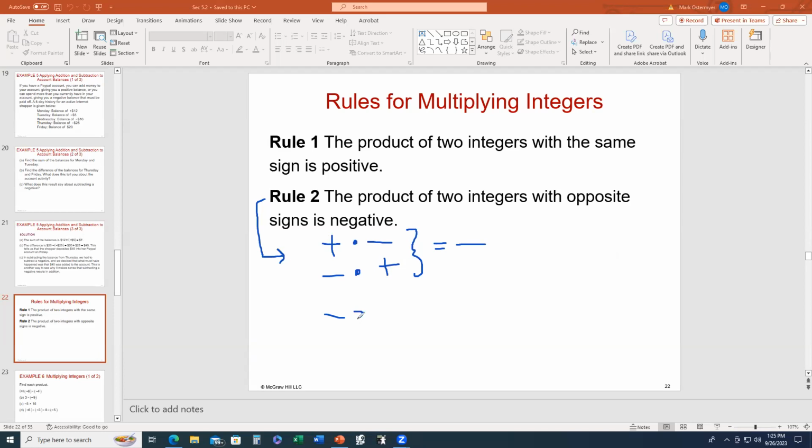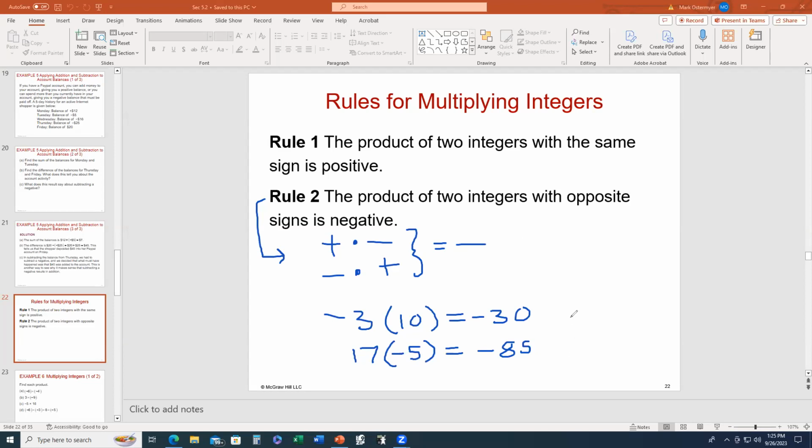A -3 multiplied by a positive 10 is going to net me what? -30. If I take a positive 17 and multiply that by a -5, that's going to give me negative 85, I believe. True. So a positive times a negative is always a negative, or a negative times a positive is always a negative.